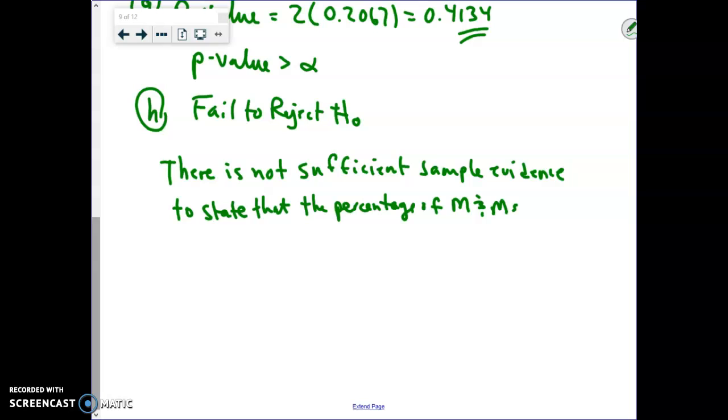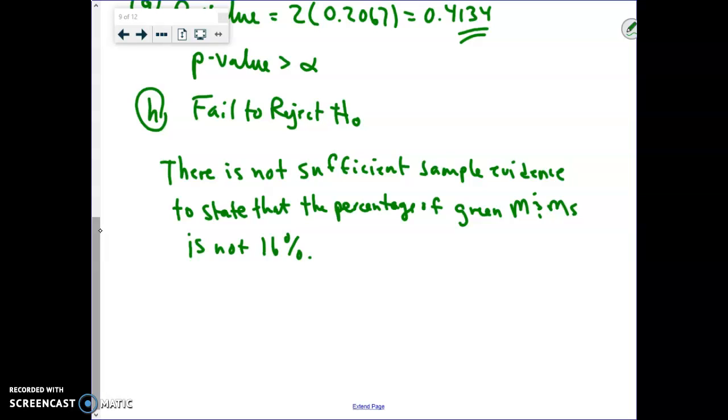So there is not sufficient sample evidence to state that the percentage of green M&Ms is not 16%. Okay? There just wasn't enough evidence to say that the percentage of green M&Ms is not 16%.